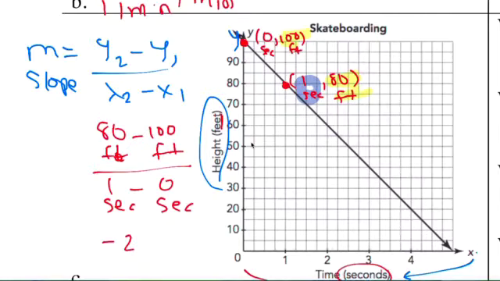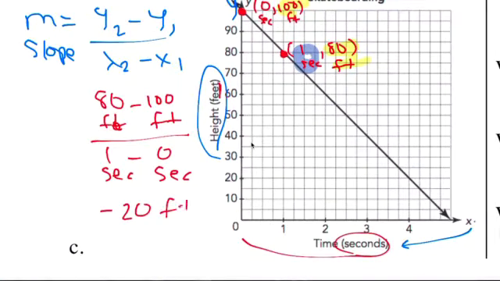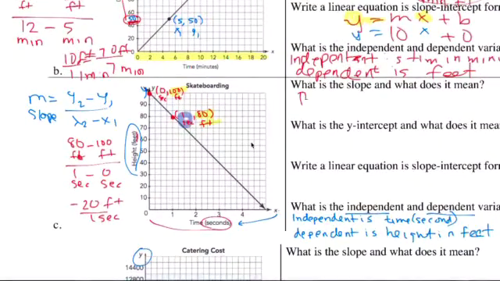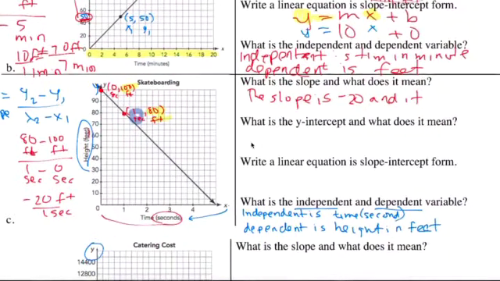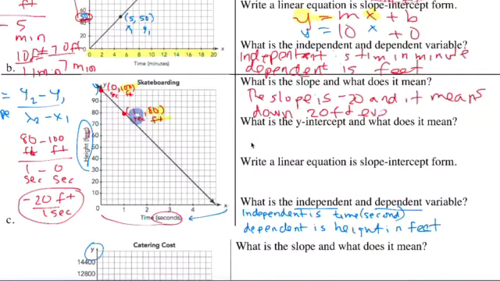That gets you negative 20 feet over 1 second. So the slope is negative 20. And it means down 20 feet, because it's negative, down 20 feet every 1 second.